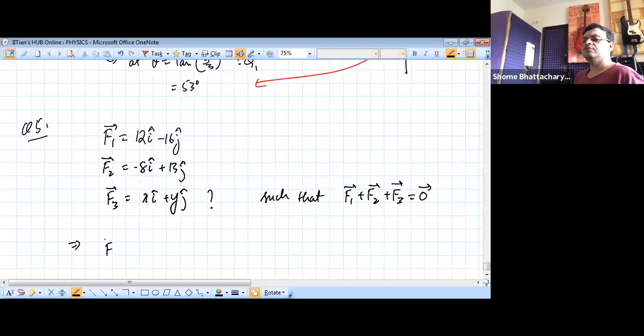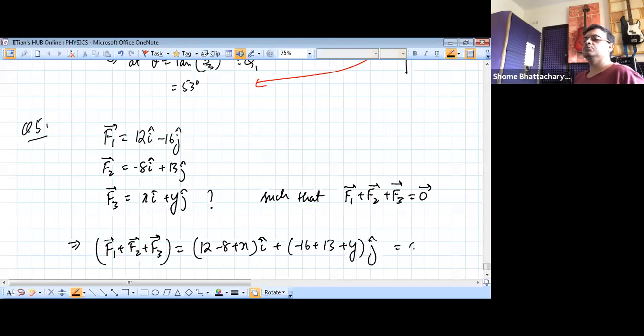F1 plus F2 plus F3 according to this is 12 minus 8 plus x, and minus 16 plus 13 plus y. And this should be a null vector.